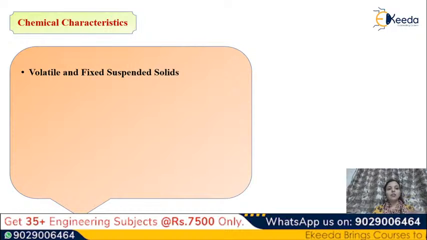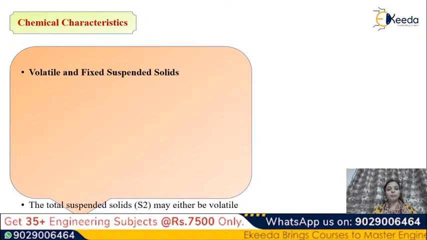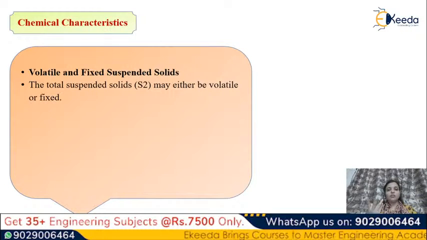The next is volatile and fixed suspended solids. Volatile means the particles which evaporate. The total suspended solids may either be volatile or fixed. Fixed means they remain stable in that particular sewage, and volatile means they will evaporate.